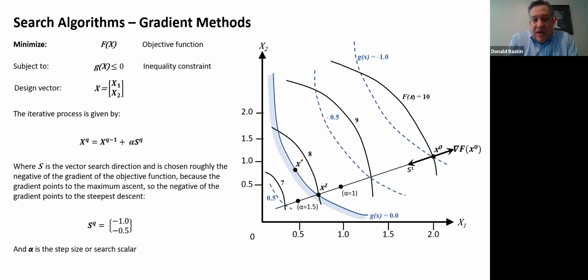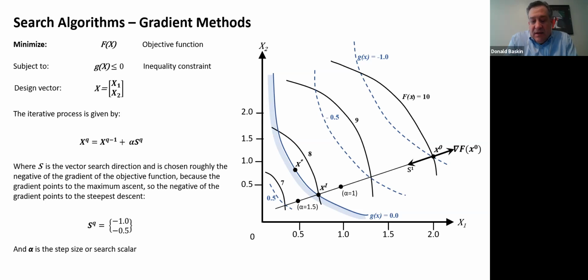The gradient always points towards the maximum of the function. If you were on a mountain, the gradient would always point to the top of the mountain. I'm not a mathematician. There's somebody at MIT who can explain this far better than me, but it always points to the maximum of the function.